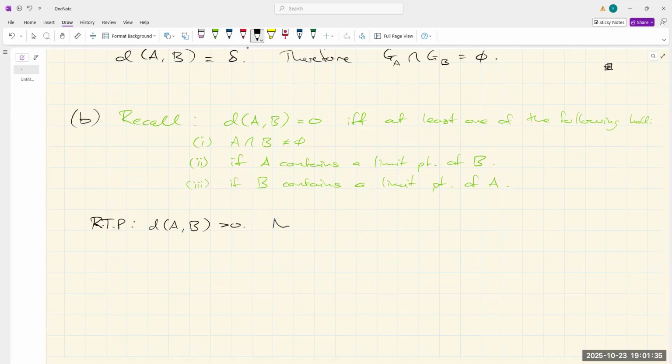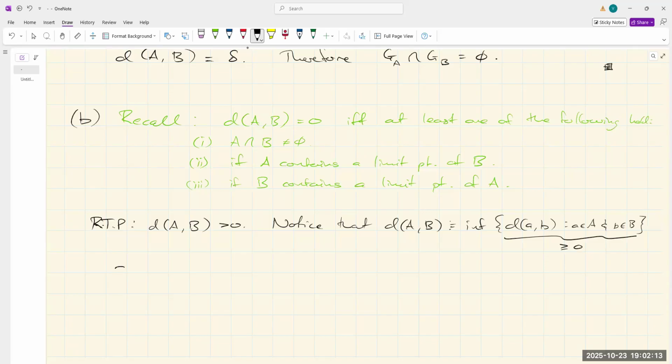Notice that by definition, what was this thing equal to again? Well, it was the infimum over the distance d(a,b) between all points such that a came from A and b came from B. But this is the infimum over a set of non-negative numbers. The metric d(a,b) is always bigger than or equal to 0.